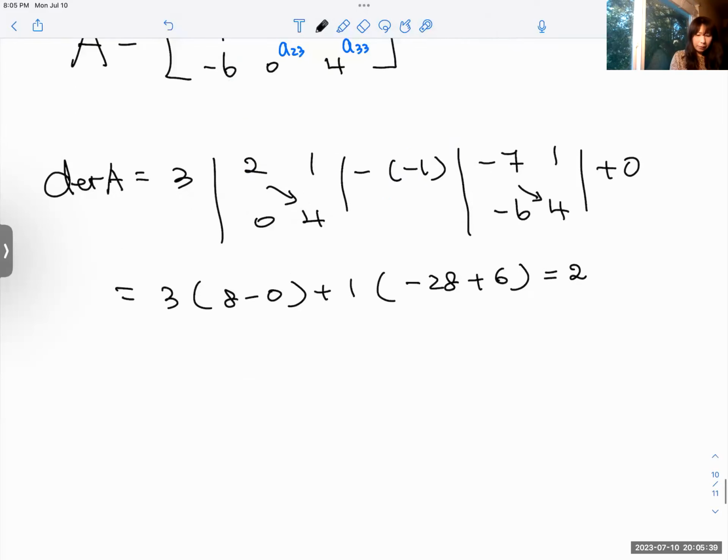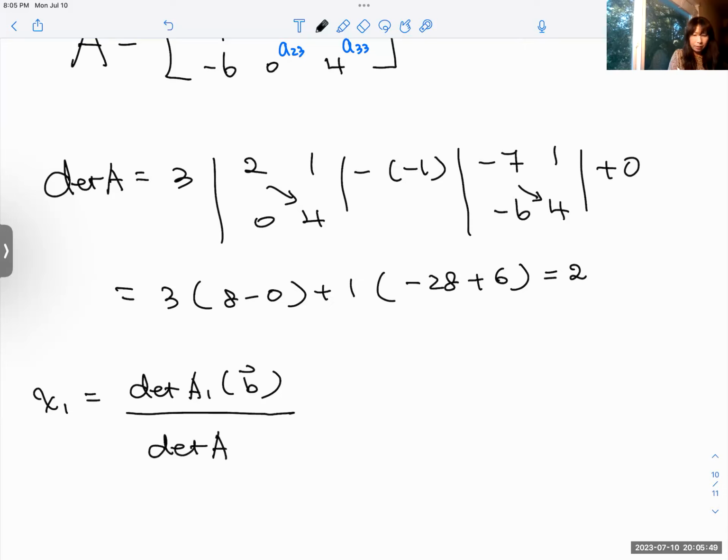All right, so we have x, which is the determinant of A sub 1 over the determinant of A. We're using x, y, z, right?